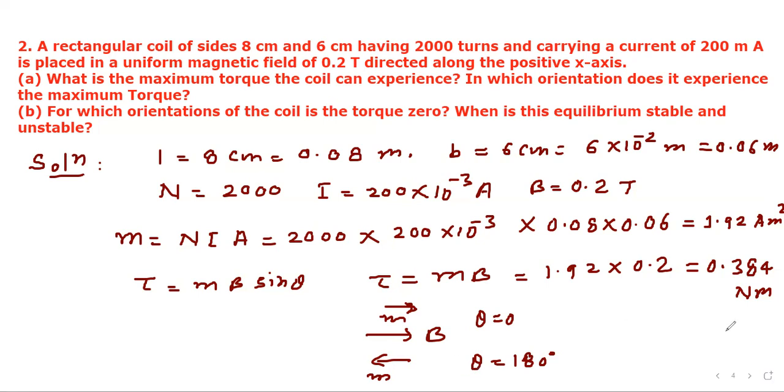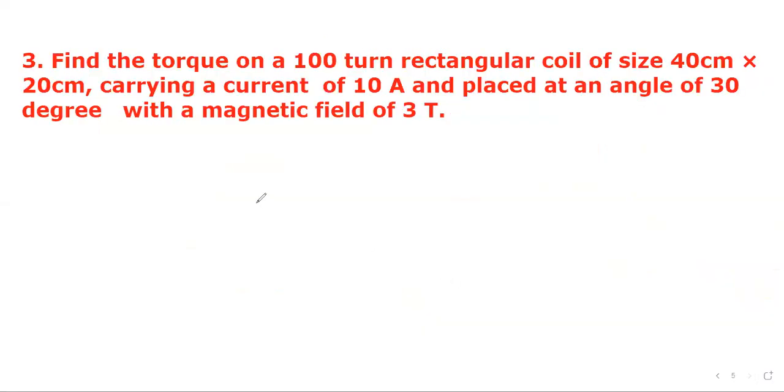Now let's take the next question. Question number 3. Find the torque on a 100-turn rectangular coil of size 40 cm into 20 cm carrying current of 10 ampere and placed at an angle of 30 degree with magnetic field of strength 3 Tesla. So let's consider the solution.